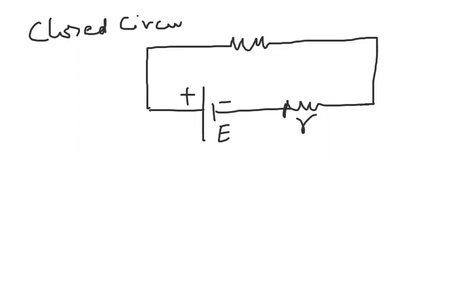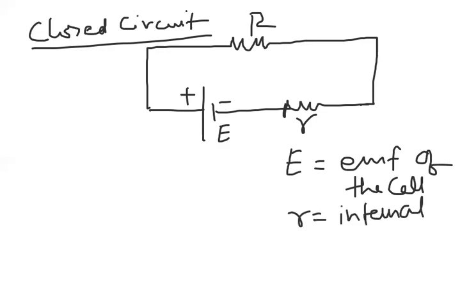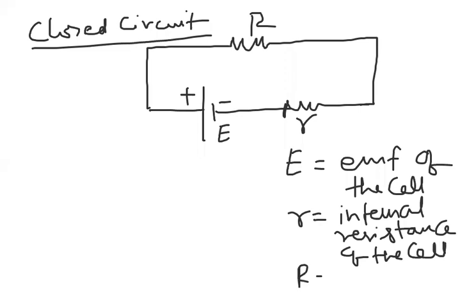So what is the phenomenon happening here? We have to observe. Here E is the EMF of the cell, small r is the internal resistance of the cell, and capital R is the external resistance.